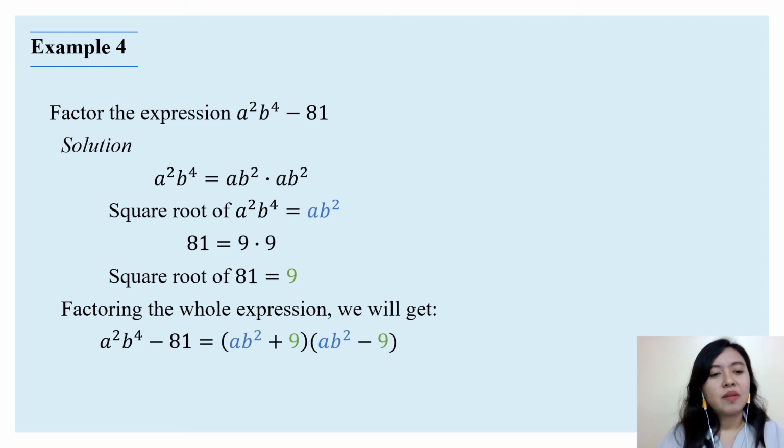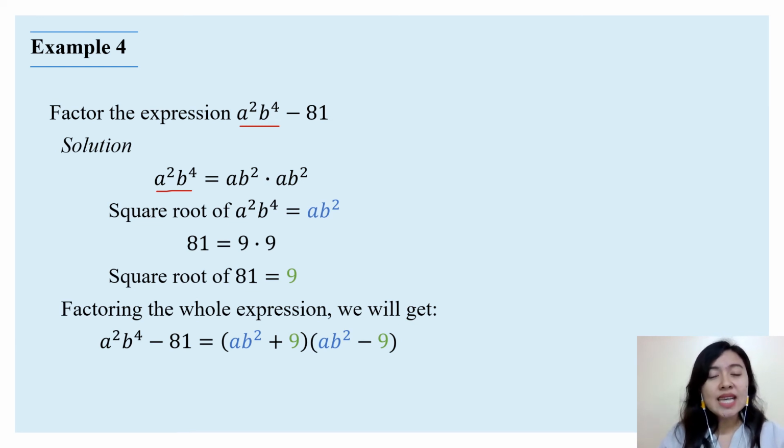Last example. Factor the expression a squared b to the power of 4 minus 81. Again, we have to analyze first, are both terms square numbers? Okay, so let's take a look at the first term, a squared b to the power of 4. Can we get a square root for a squared b to the power of 4?